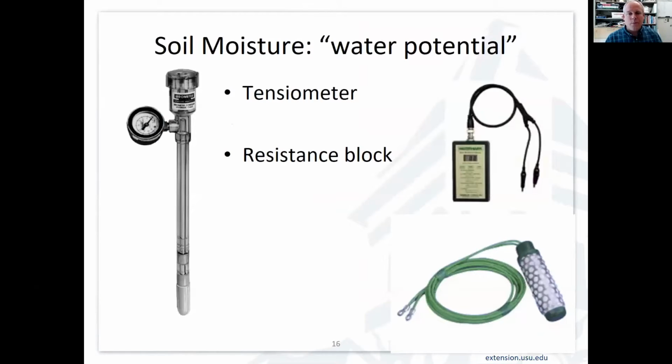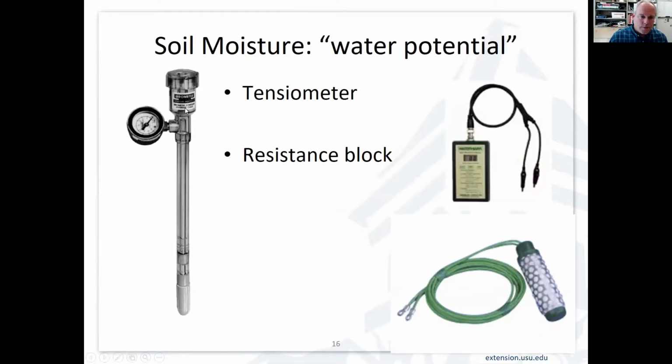Another way, if we want to measure more precisely, is to put some type of soil moisture sensor in the soil. These are 2 examples that we've used in orchards. The one on the left is called a fluid-filled tensiometer. It's a tube with a pressure gauge, and on the bottom is a porous ceramic tip.